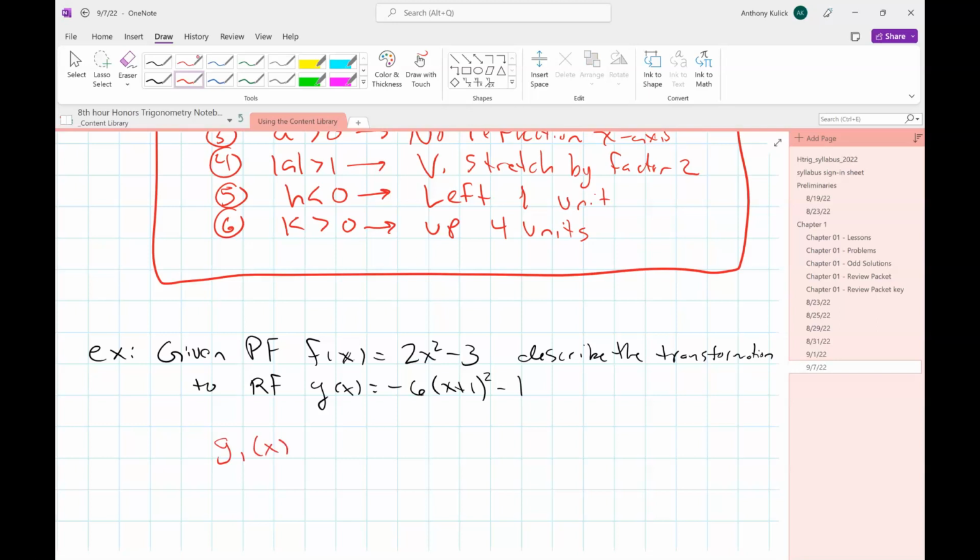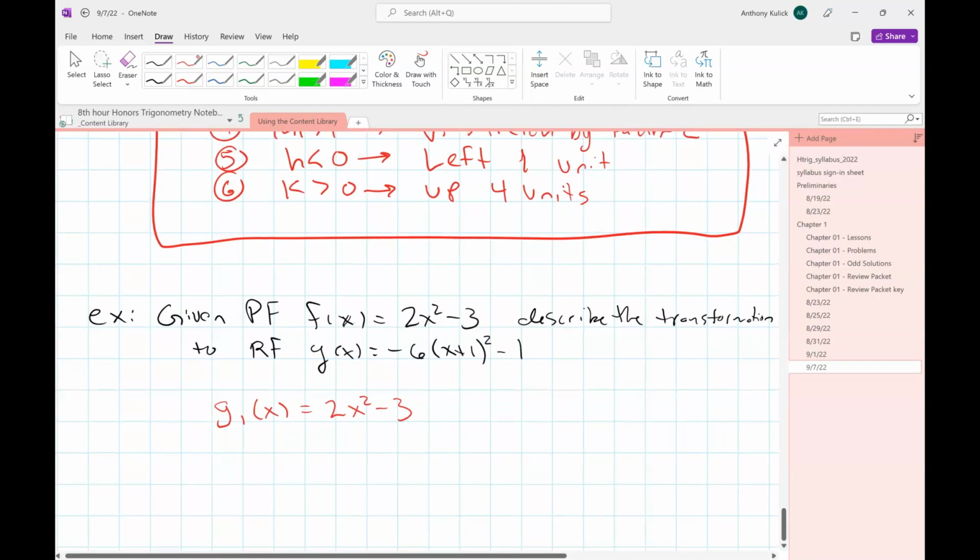So G1 is just going to be my parent function. The first thing I want to do is look to see if there is a C going on. So if I look in my resultant function inside the x squared, is there any multiplication going on in there?